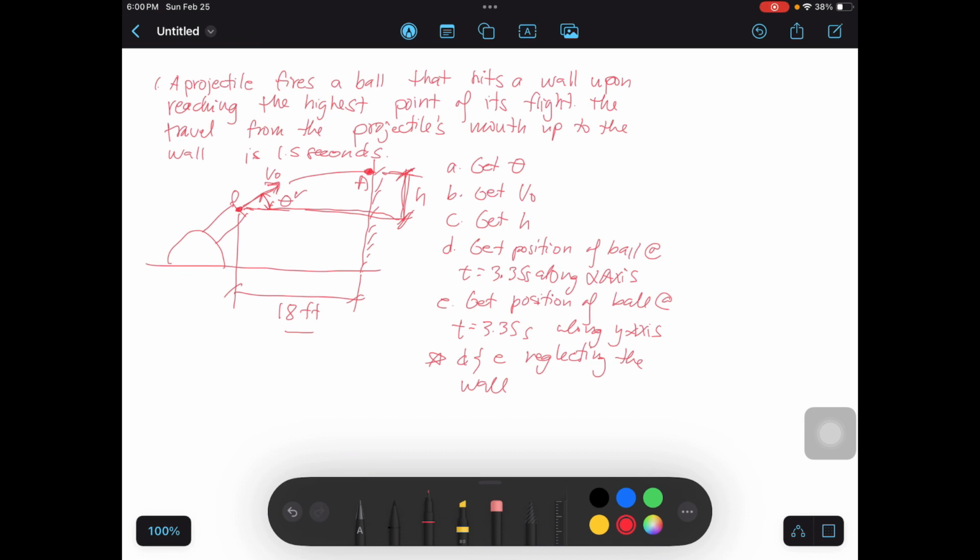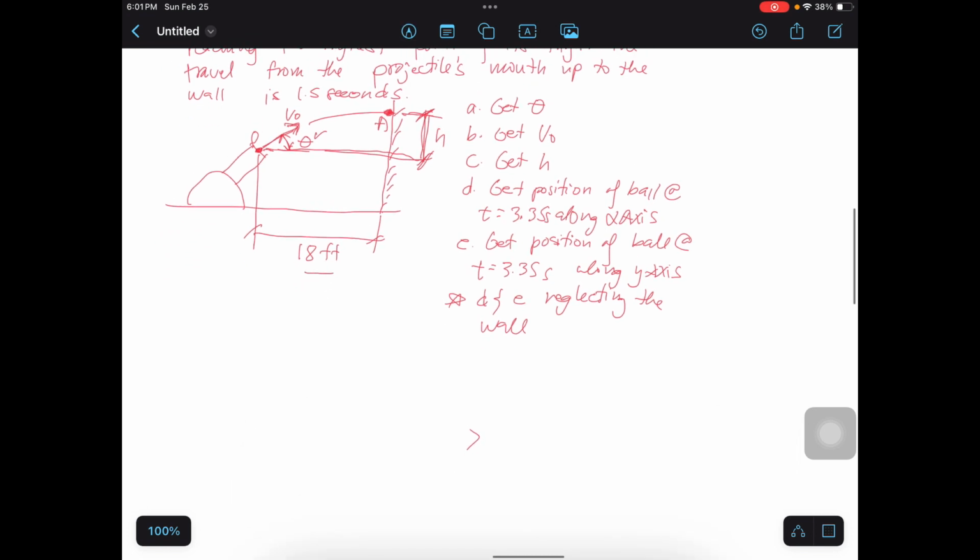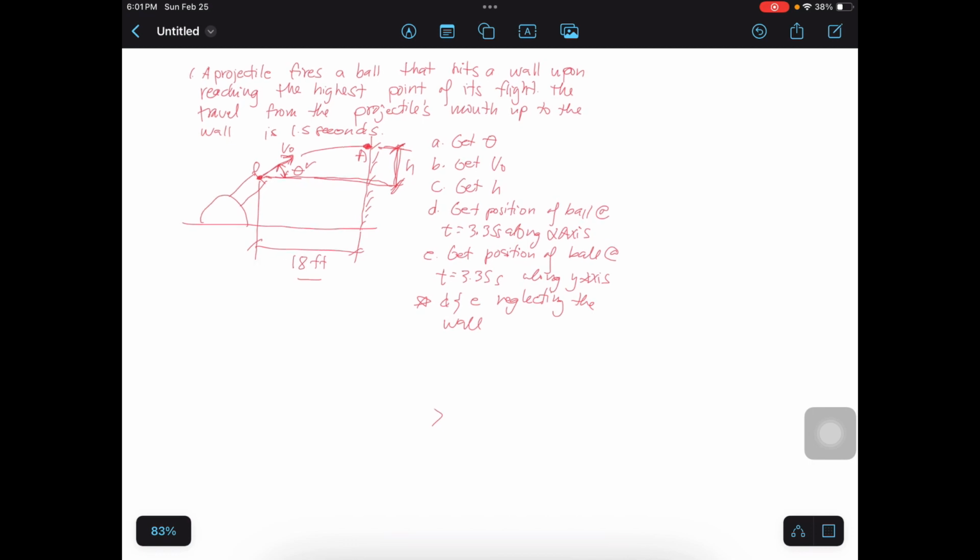So, this is curvilinear motion na projectile. Ibig sabihin, this is under rectangular components. Curvilinear motion with rectangular components. So, ibig sabihin, we need to evaluate yung motion nitong ball along the X and Y axis separately.